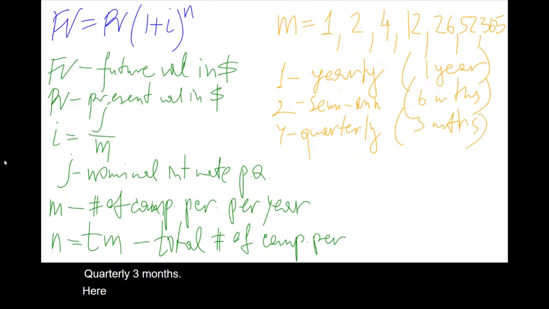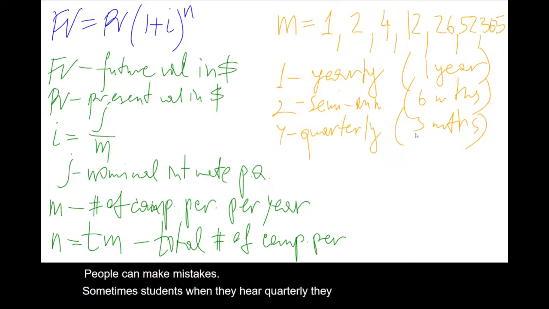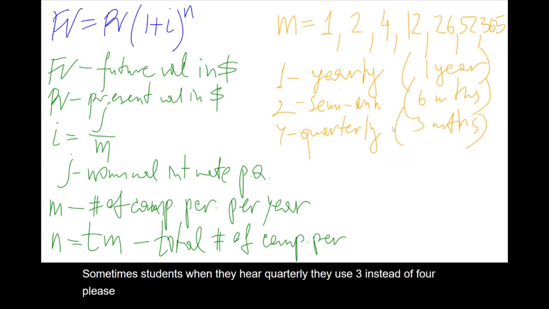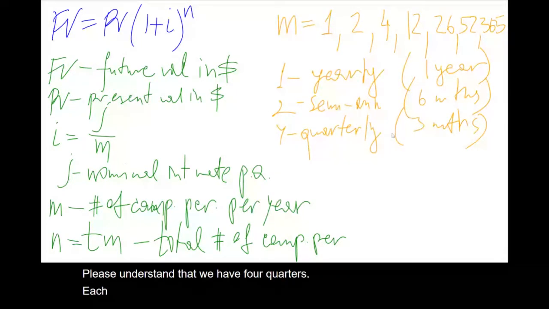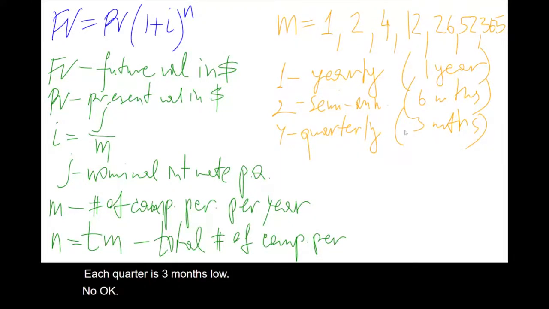Here is the kind of stone, a moment when people can make a mistake. Sometimes students, when they hear quarterly, use 3 instead of 4. Please understand that we have 4 quarters. Each quarter is 3 months long. Okay? Is that part clear?